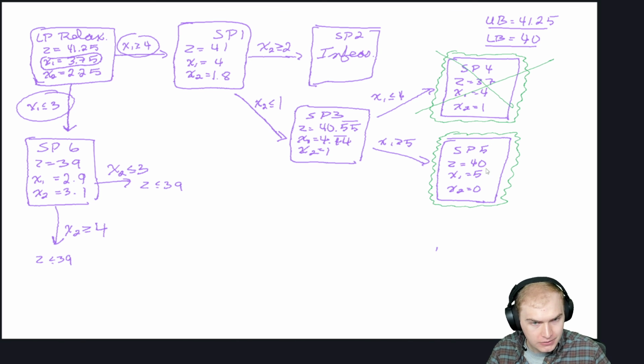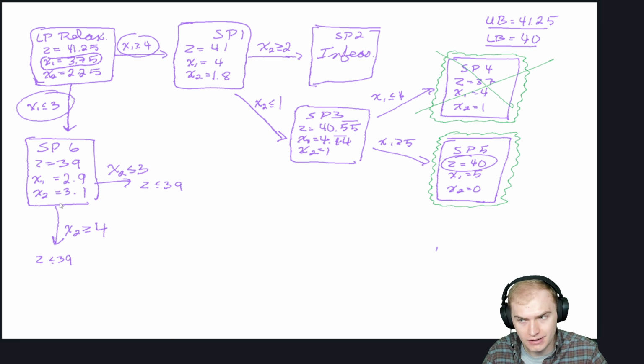But we already found an integer solution that had z equal 40, which is better. It's larger than z equals 39. So we can use this lower bound that we found, and we can already know that none of the branches below subproblem 6 here will be better than subproblem 5.